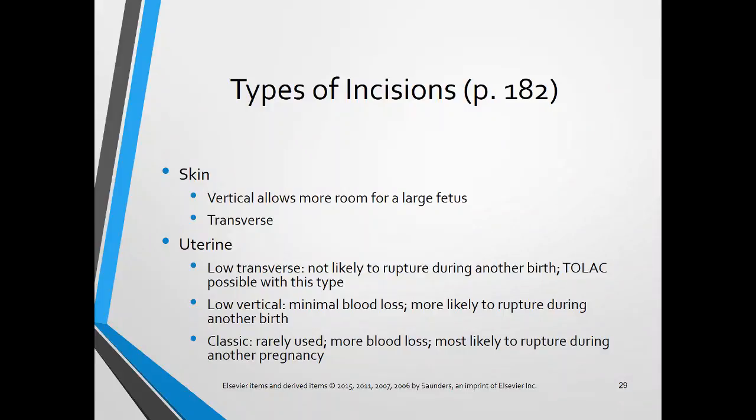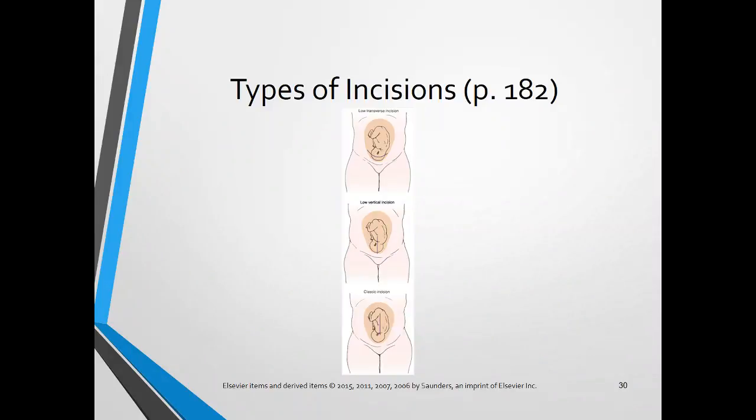And then for the uterine incisions, there's lower transverse, low vertical, and then classical. The classical is going to be more for emergencies, or if the infant is really like a 25-week gestation. So here's a picture of the different incisions, with your lower transverse versus your classical.